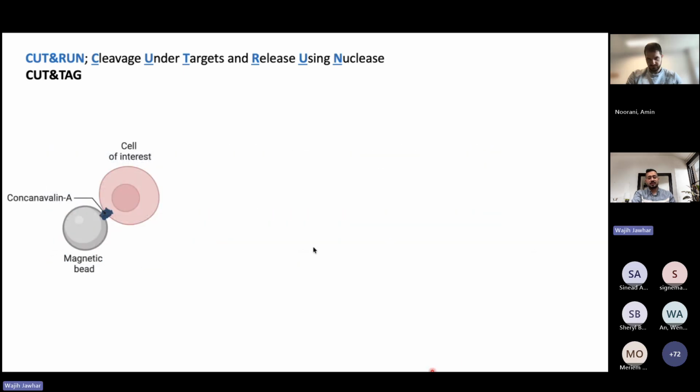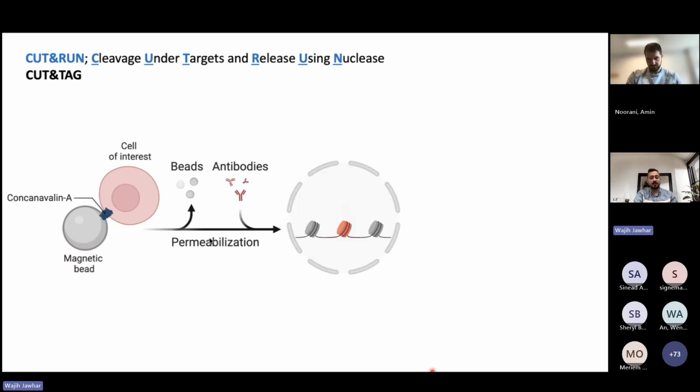In a nutshell, the live cells are first immobilized on lectin-coated beads, known as CUT&RUN beads, under native conditions. Then cells are permeabilized, most commonly with digitonin, and then incubated with a primary antibody overnight. Next day, protein A, protein G fused micrococcal nuclease, which is an exo-endonuclease, is added.